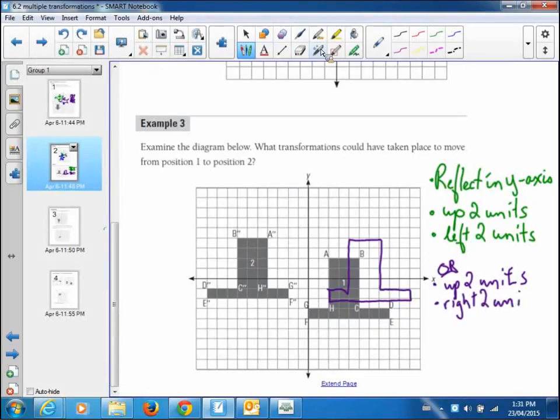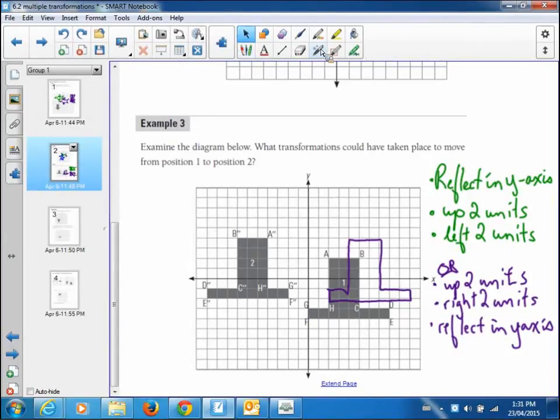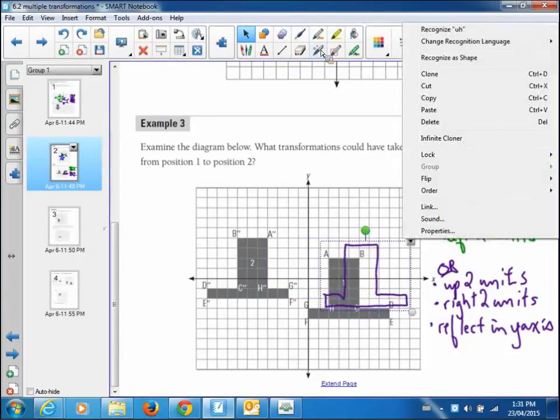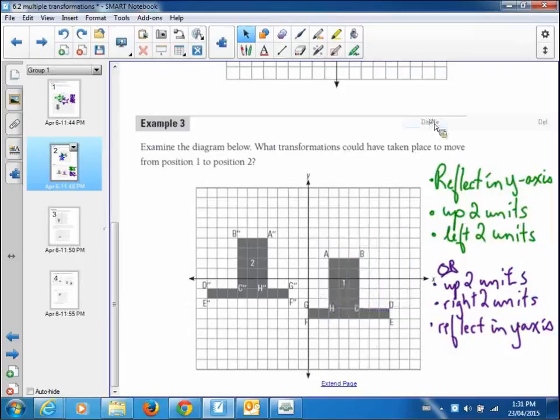And then reflect in the y-axis. So that would work if I flip it over. Now what? Is this good for you? Yeah. Okay. There's more than one way to answer.